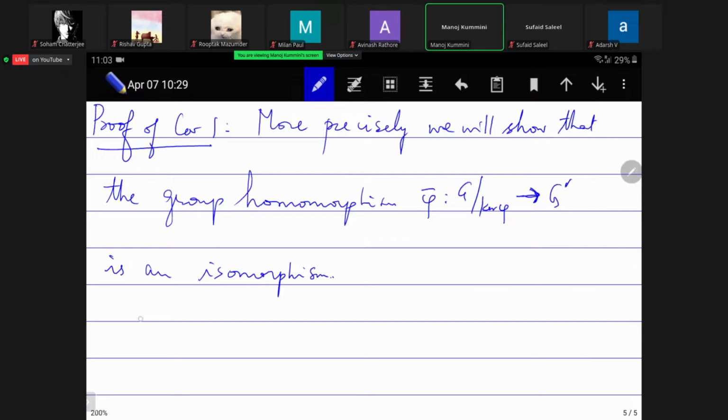We know that it is injective. We have already shown that phi bar is injective.